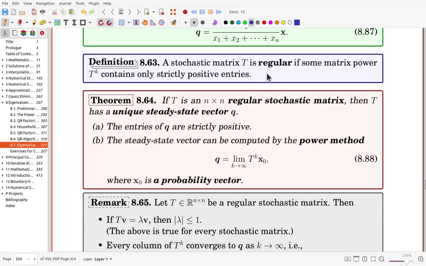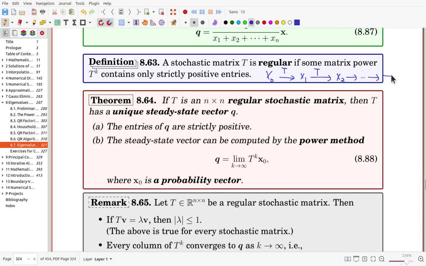Now, in a Markov chain, we start with the initial state x0, and then by applying the stochastic matrix T, we reach x1, and then again from this last state, apply T to get x2, and so on. We're moving in this way.